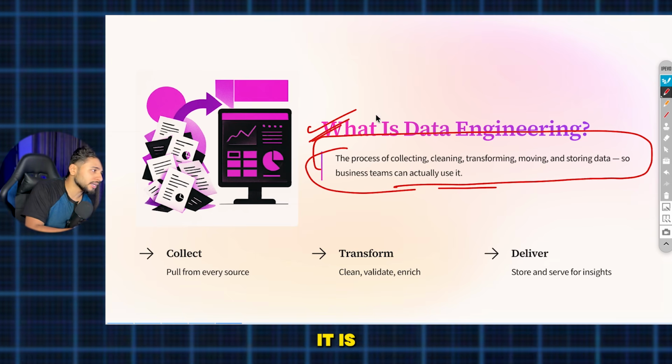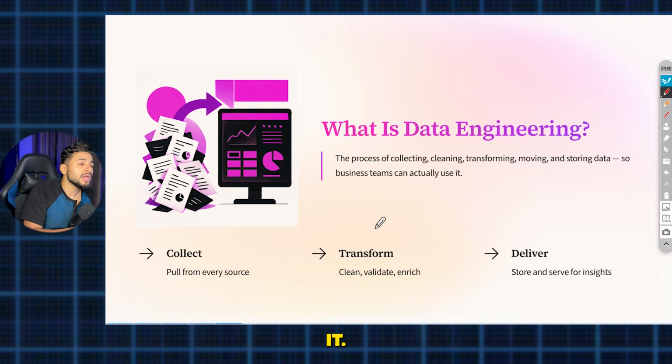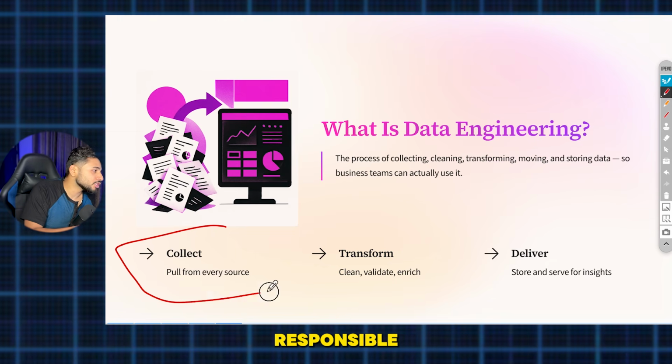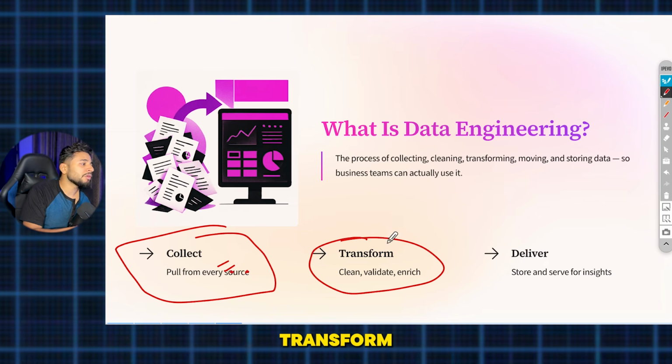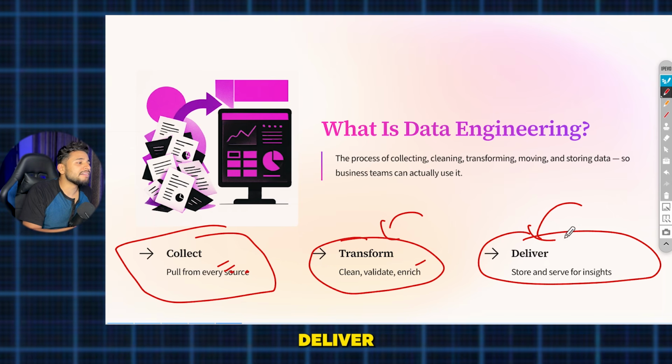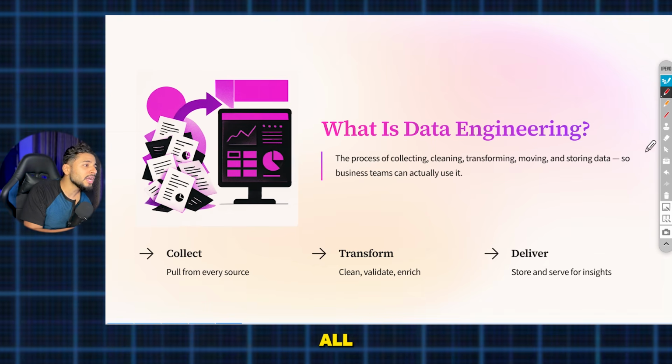So it is a process of collecting, cleaning, transforming, moving and storing the data so that business teams can actually use it. A data engineer is responsible for pulling the data from different sources, transforming, cleaning, validating and enriching it, and then delivering and storing the data to serve insights. That is the ultimate goal of a data engineer.